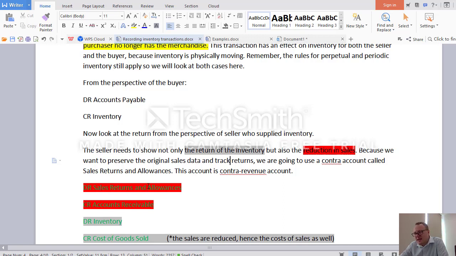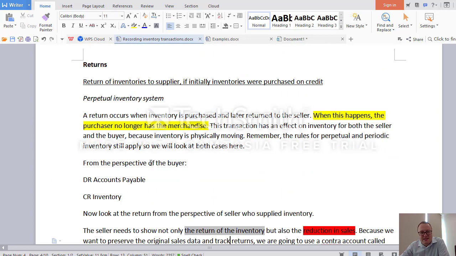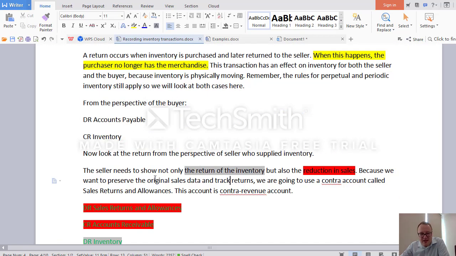If sales is a revenue account, then sales returns and allowances is a contra revenue account with a normal balance of debit. So he will debit sales returns and allowances, and now he can no longer expect that they will pay him because they returned the item. So he must reduce his accounts receivable in the same way as the buyer reduced his accounts payable.